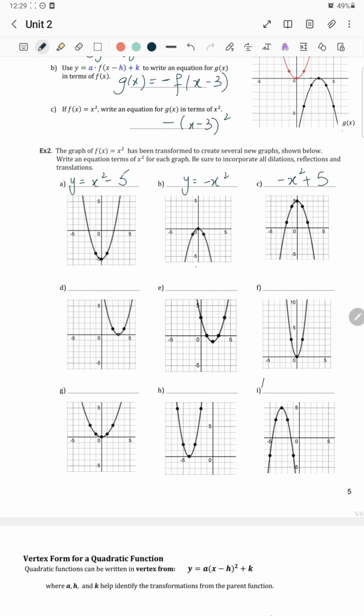So it's going to be x minus 3 whole squared because it's shifting towards the left.